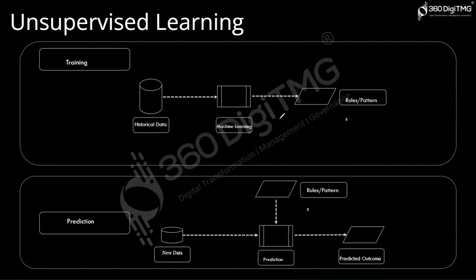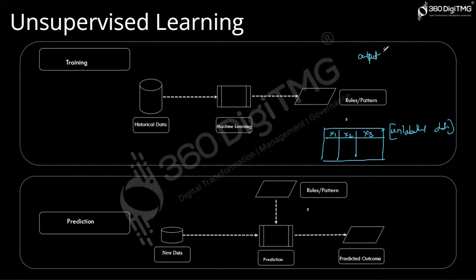But in the same way, I can also have data where I have only input values. I do not have any output values. This type of data is called unlabeled data. What is the label here? Label is nothing but the output variable, the y.